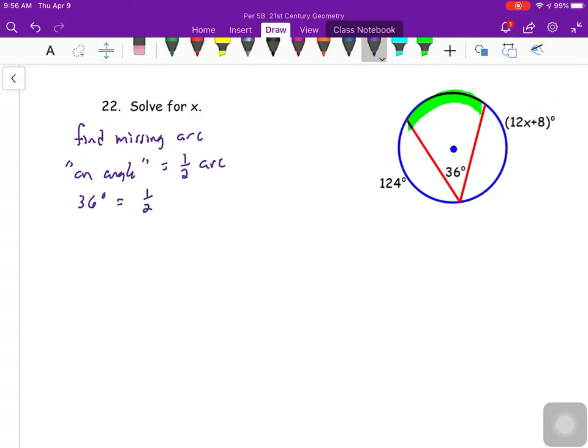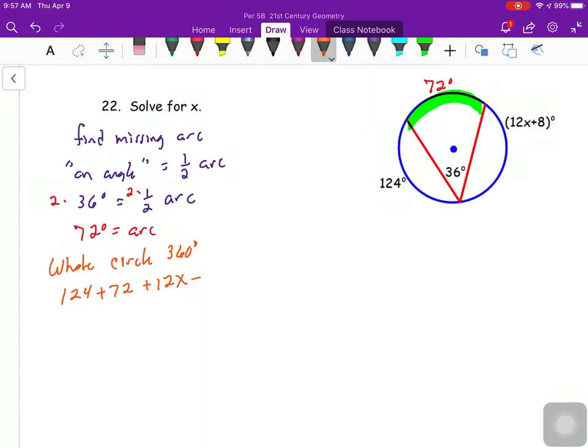The on angle will be equal to 1/2 of the arc. So the 36 degrees, because this is our missing arc right here, will be equal to 1/2 of the arc. We know that when we have this situation, we multiply by 2. So 72 degrees will equal that missing arc.